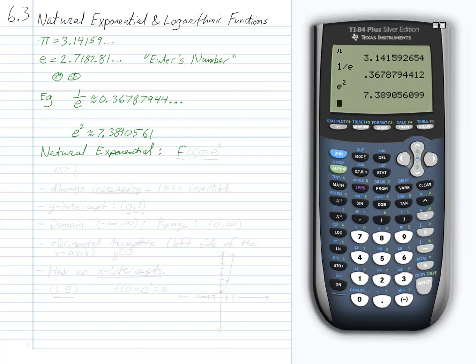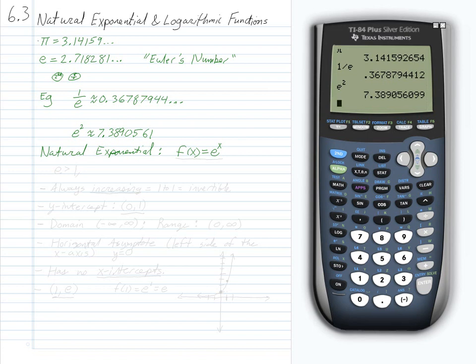It is an exponential function whose base is e. Now we know that this number e is approximately 2.718. Well, we won't carry the decimal approximation out any further than that.